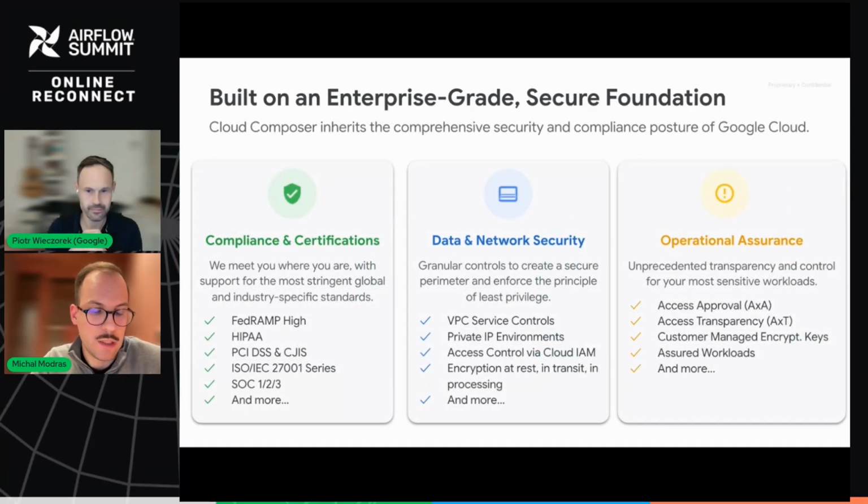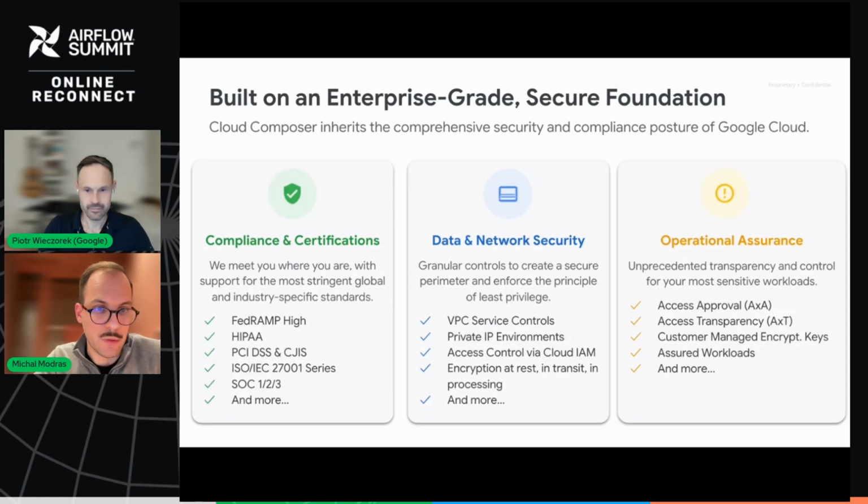Last but not least, Composer is very proud of our enterprise-grade security posture. We have a number of certifications, such as FedRAMP, HIPAA, and a long list here. For the up-to-date information and the full list, please refer to the public Google documentation. So if your business case mandates certain compliance certifications, please check it out.